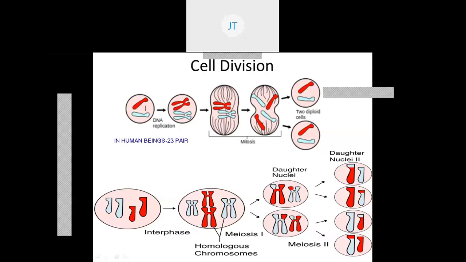What happens in the case of this one pair, the same thing happens for the remaining 22 pairs. Here we only show one pair. Whatever is happening for one pair is the same thing happening for the remaining 22 pairs. And if you have these 23 pairs, that means 46 chromosomes.